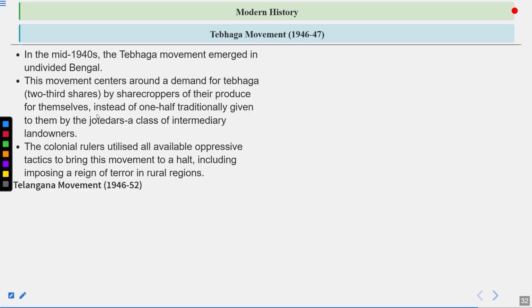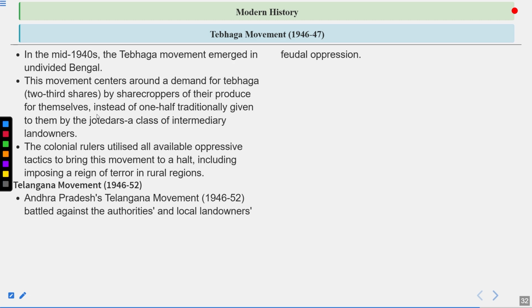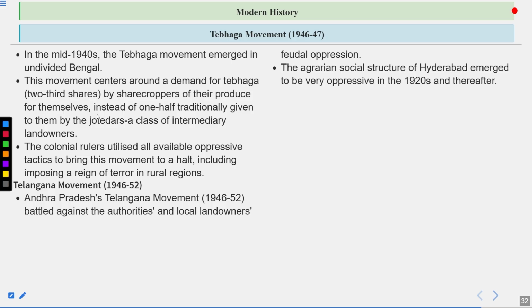Telangana movement, 1946-1952. The Telangana movement in Andhra Pradesh, 1946-1952, battled against the authorities and local landowners' feudal oppression. The agrarian social structure of Hyderabad emerged to be very oppressive in the 1920s and thereafter.